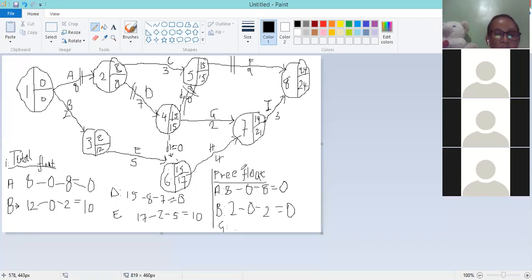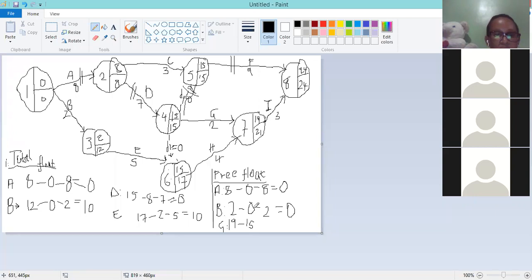Let's see what will happen when we compute the free float for activity G. I'll pick this 19 here, which is the earliest completion time of that activity, also the earliest event time of event number 7, with a value of 19. And I'm going to subtract 15, the earliest event time of number 4.